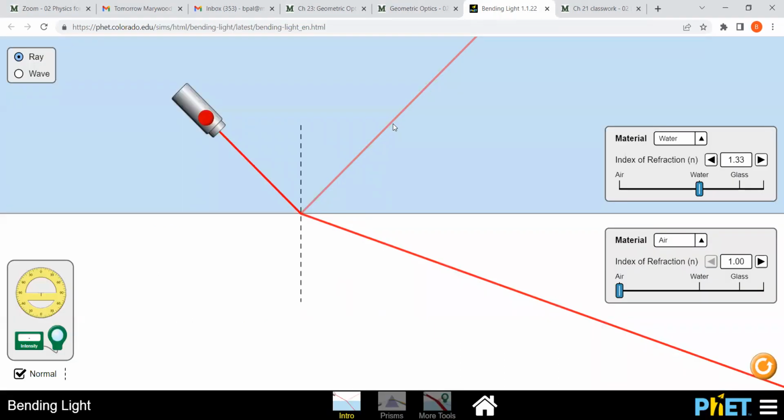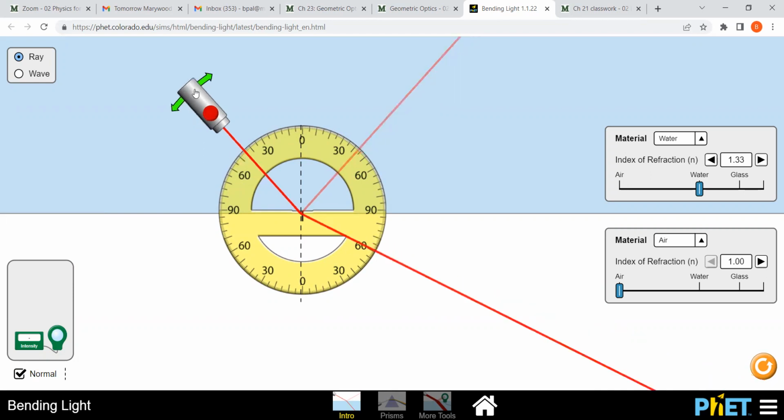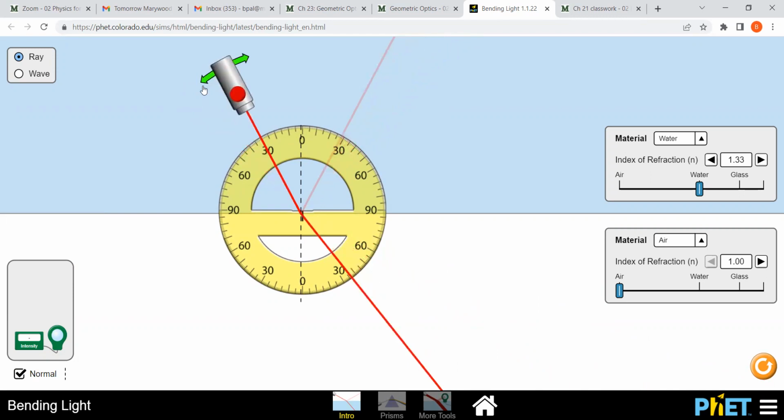Let's go to the simulation again. Here light is going from water to air, so we can see the total internal reflection. What is total internal reflection? Let me start from 30.